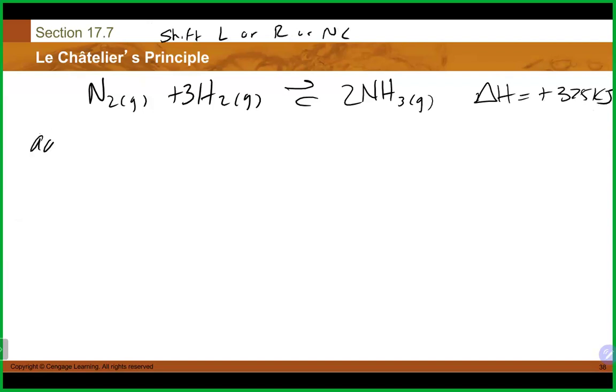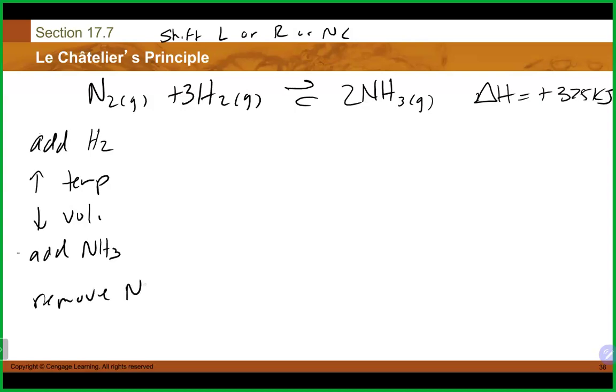If I do the following: I add H2, I increase the temperature, I decrease the volume, I add NH3, I remove N2, I decrease the pressure, I add a catalyst, I remove H2. All right, give it a go, see what will happen in this case.